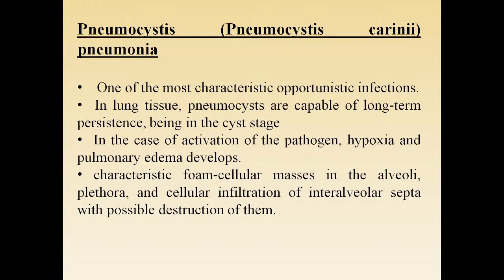In lung tissue, pneumocysts are capable of long-term persistence, being in the cyst stage. When the pathogens are activated, hypoxia and pulmonary edema develop. Characteristics: they form cellular masses in the alveoli, pleura, cellular infiltration of interalveolar septa, and possible destruction.